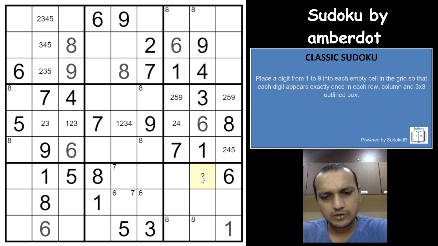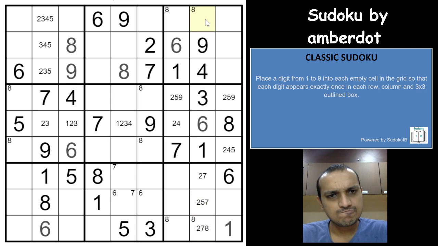This cell would have to be 2 and 7, because 2 7 5 and 8, 5 2 7 and 8, 8 2 5 and 7. These cells would have to be 2 3 and 5, right? Okay, this cannot be a 2, so 2 4 and 9.